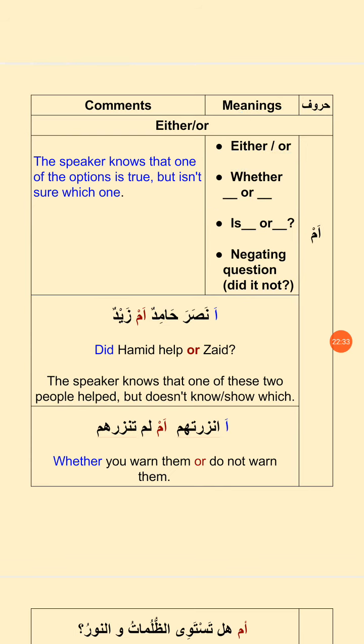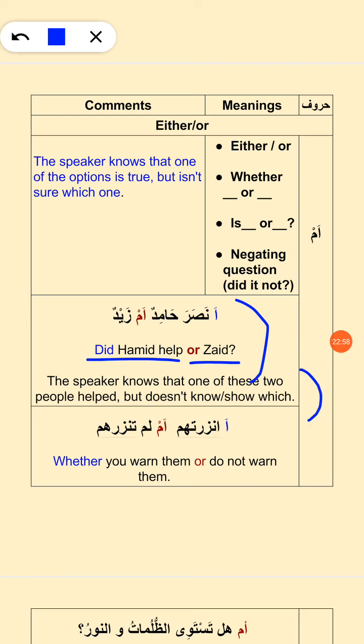Now the speaker knows that one of the options is true but isn't sure which one is true. Okay, so for example, if I say anasara hamidun am zaidun, I'm actually asking who helped. Did Hamid help or Zaid? Now the speaker knows that one of these two options is correct, that one of these two people helped, but doesn't know which one.